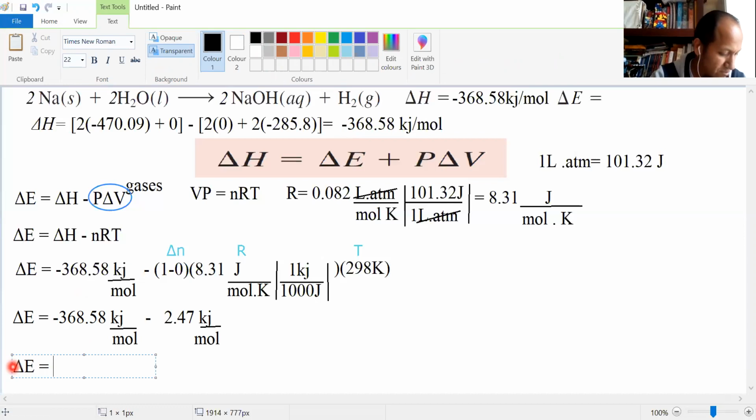You just add the two of those values, and you're going to have exactly minus, because it's exothermic, 371.06 kilojoules over mole.